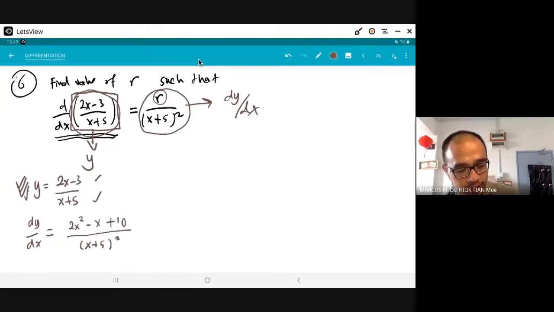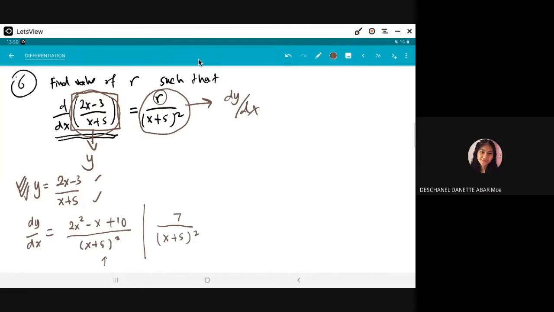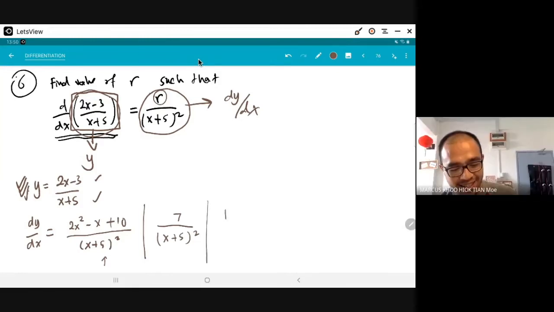Siapa yang jawab tadi tu? The first one I know, this sounds like Eldon. Siapa yang cakap ini? 7 over x plus 5 square? Saya, Azim. Oh, Azim. 13 over x plus 5 in the bracket square. Astaga, banyaknya jawapan.